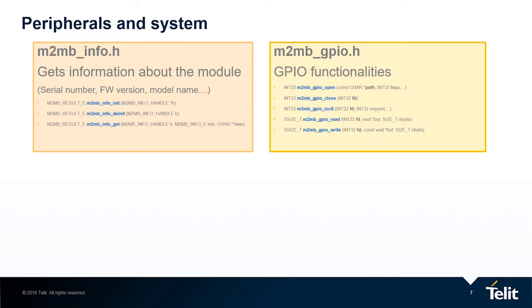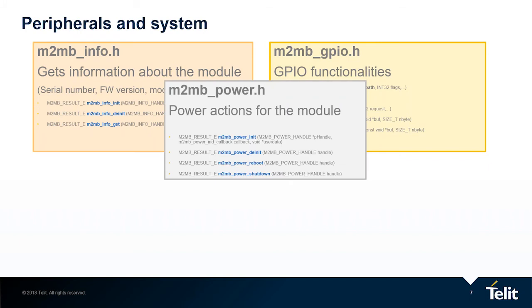So we are using a standard approach as in POSIX logic, and every GPIO can be opened, configured in output or input mode, and the value can be read or written to the required value. Also, we have the possibility to control the state of the module, so we can reboot it and shut it down directly from the SDK, from the APIs.